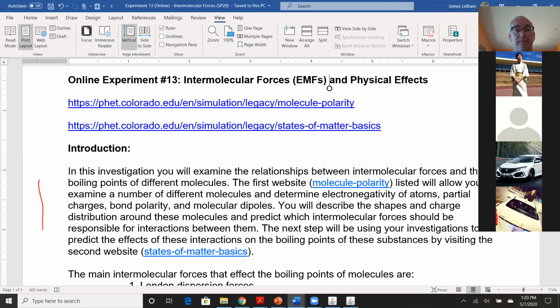And what we're going to do there is take the lessons we learned from the first site, figuring out which molecules are polar, which are nonpolar, which have stronger polarities, which have weaker, which can form hydrogen bonds, which ones can't, and use that information to predict what the boiling points of these different molecules are going to be. And you're actually going to measure the boiling point of each one of like four molecules we're going to look at. I'm not going to tell you how to do that, but hopefully you'll figure that out for yourself.